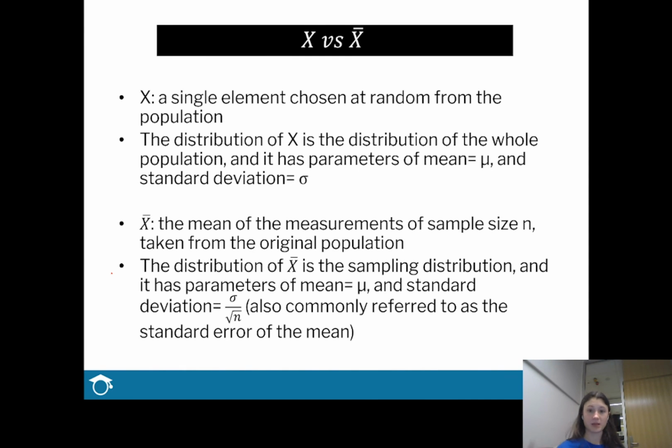So the parameters are the same as that for the population, but X dash is for the sample itself. So it has a mean of the population mean, but it has a standard deviation of the population standard deviation divided by root n.